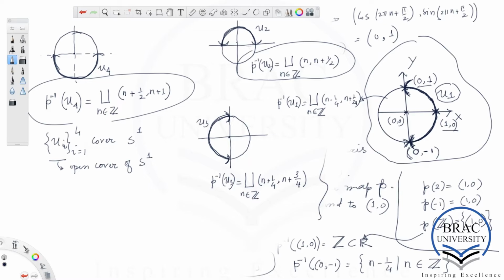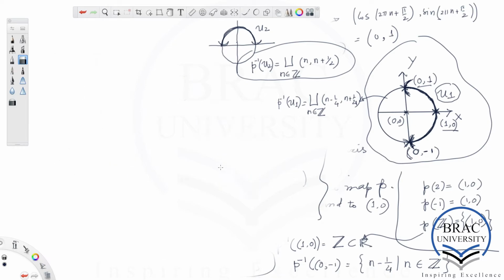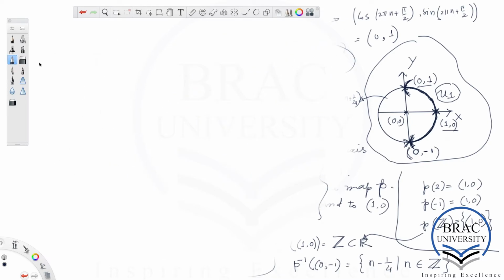All right. The second fact is the following. Let me erase these things here. Note that P can be seen to be a map from R to R cross R, because you think of S1 being embedded in R2, the two-dimensional plane, in other words, the XY plane.